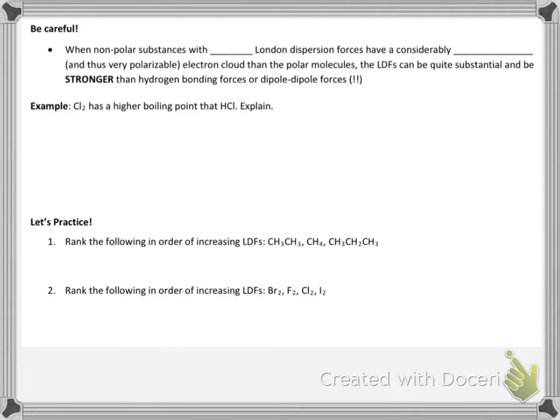But when you have nonpolar substances that only have London dispersion forces, but they are much larger and thus more polarizable than a small polar molecule, it turns out the London dispersion forces can actually be stronger than the hydrogen bonding forces exhibited by a smaller particle.